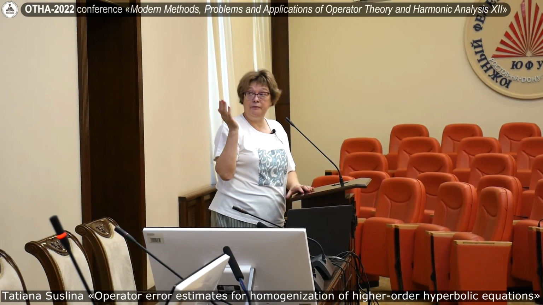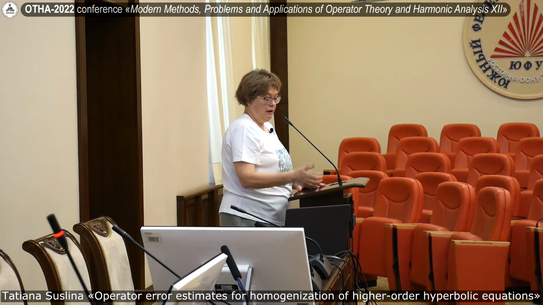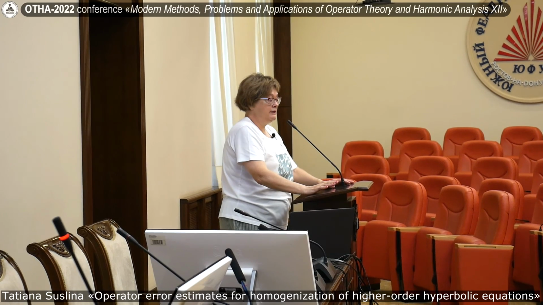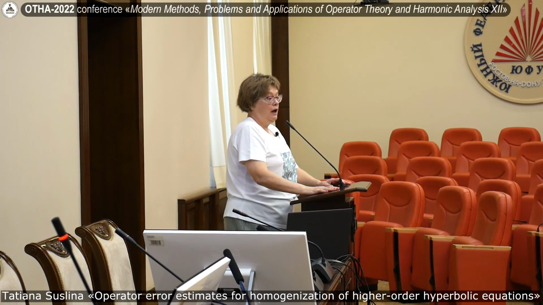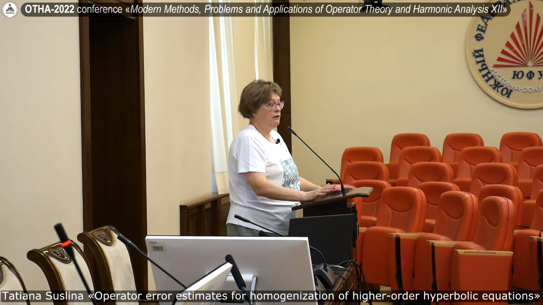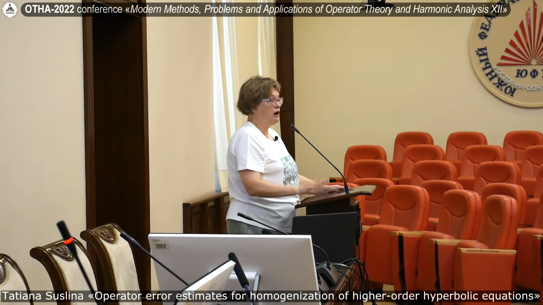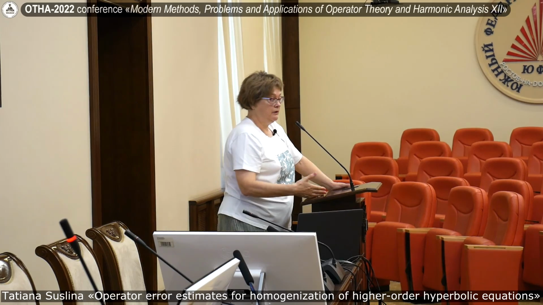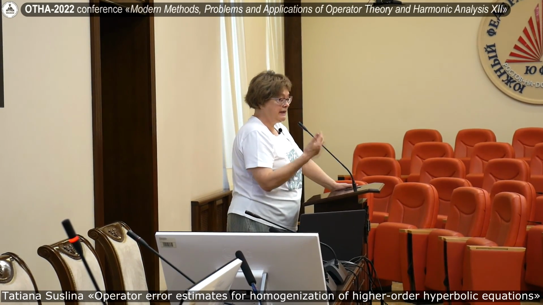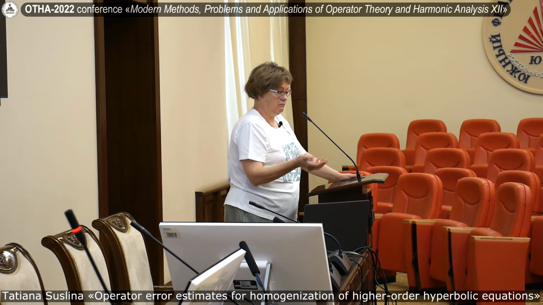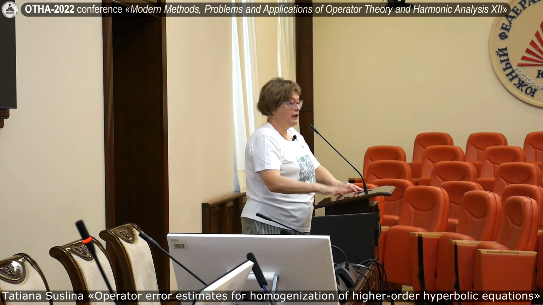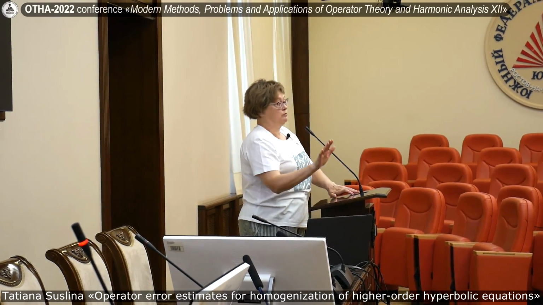In fact, there are results for the second order operators. In our results with Mark Dorodnyi, we show that all the results are sharp. If we wish to have epsilon on the right, epsilon being the best, then we should take exactly these norms.